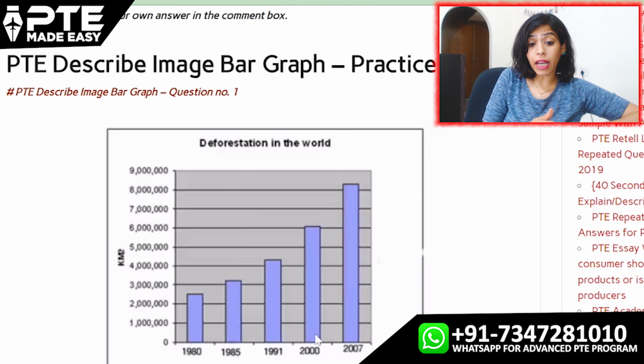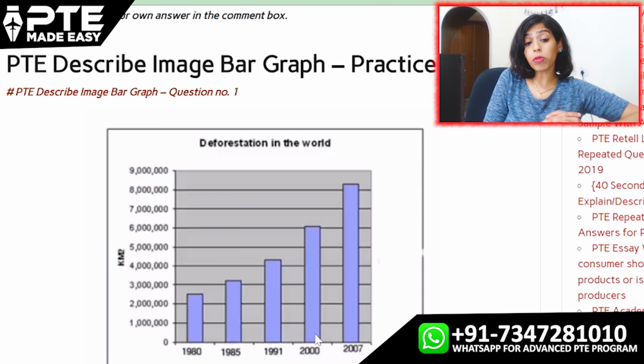However, from 1985 to 2000, the graph kept on increasing. The rate at which trees were being cut down kept on increasing. In 1985, it was around 3.2 square kilometers. However, in 2000, it increased to 6 square kilometers.